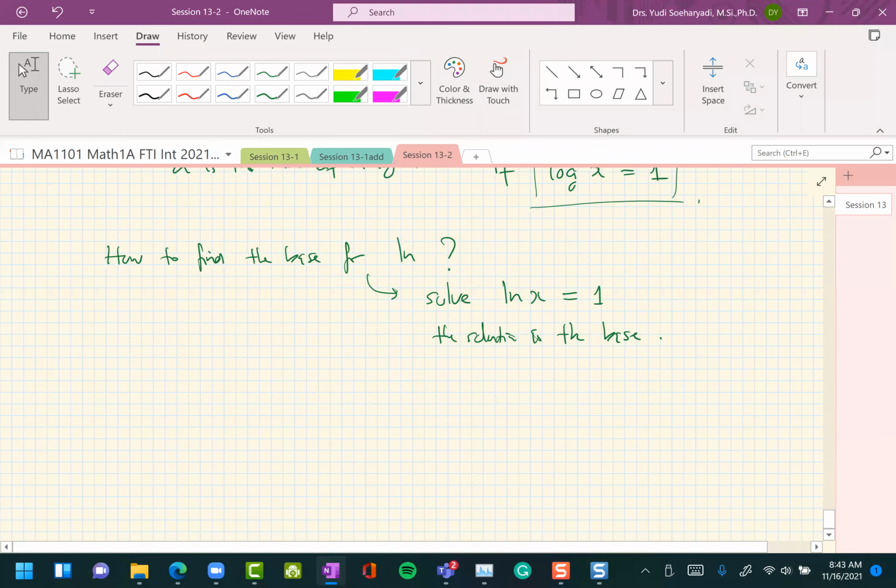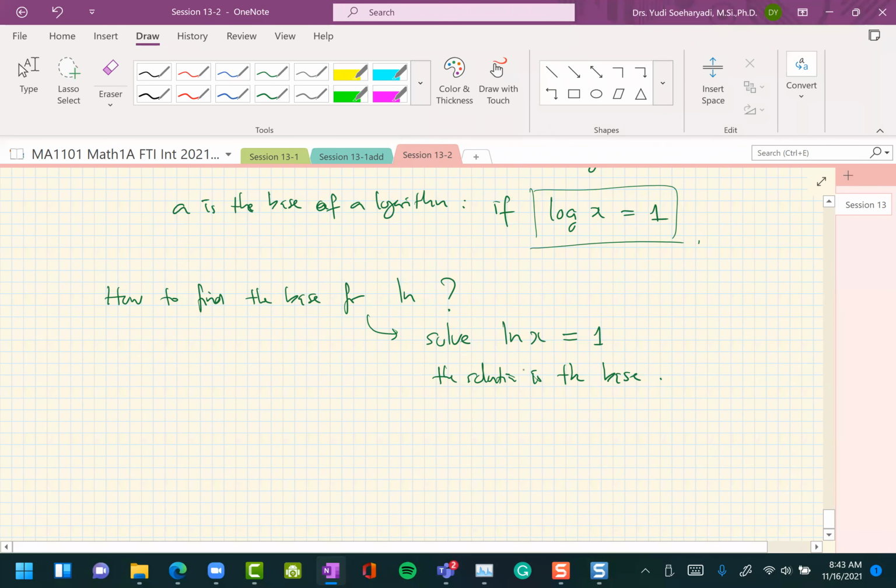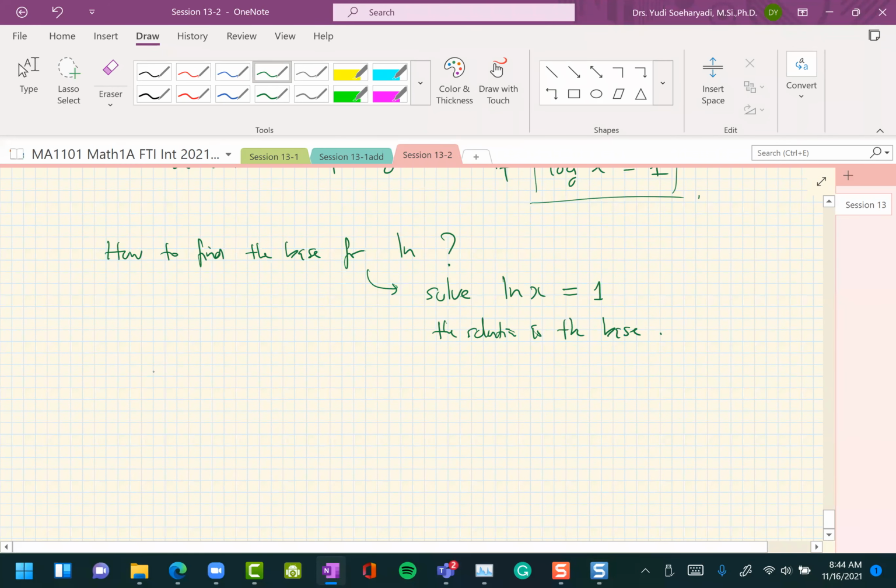Okay, so we now try to find it. Let's do this one here. Just punch into your calculator, for example, ln of 2, ln of 3.